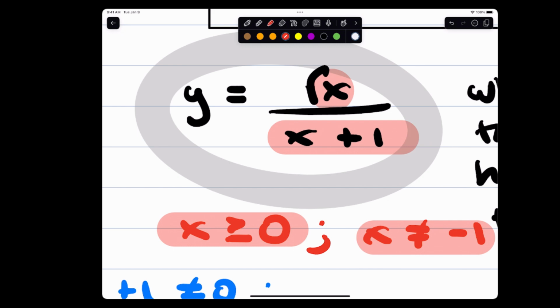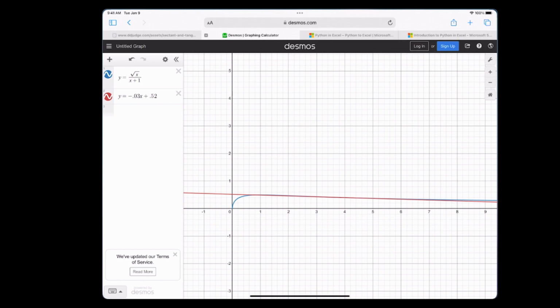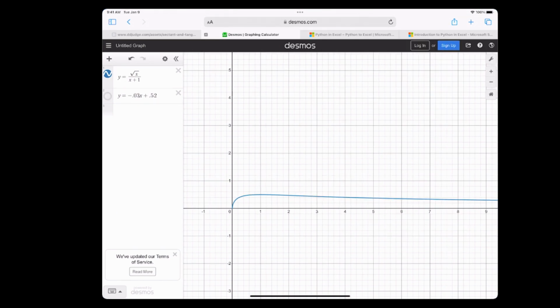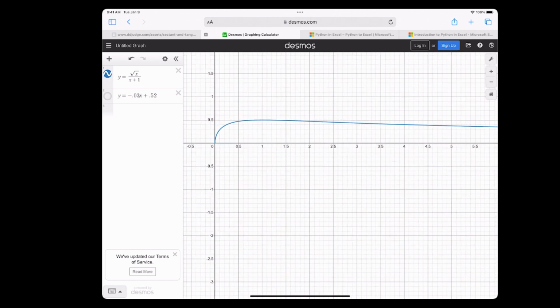Wherever the value inside is positive or 0. If I look at Desmos, this curve is only defined for values of x that are greater than or equal to 0. That's why.